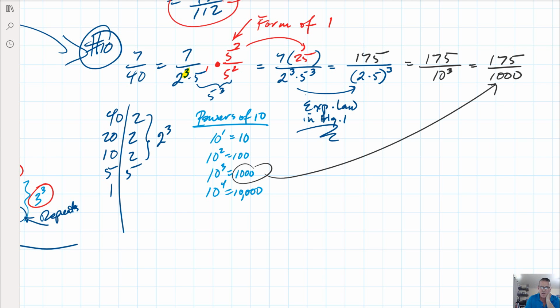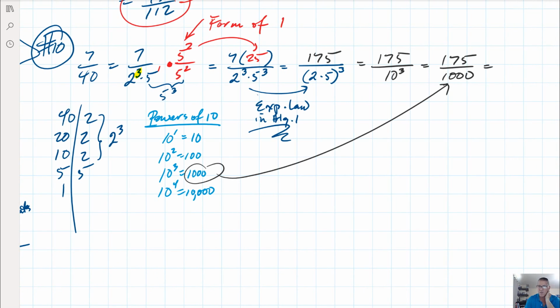Because of that, guess what? Don't need a calculator here, do I? When you divide a number by 1,000, you shift the decimal left 3 places. This is grade school stuff, and you should know that. So this is 0.175.